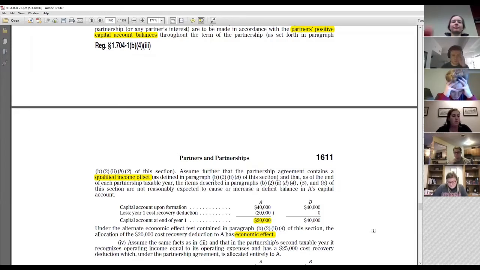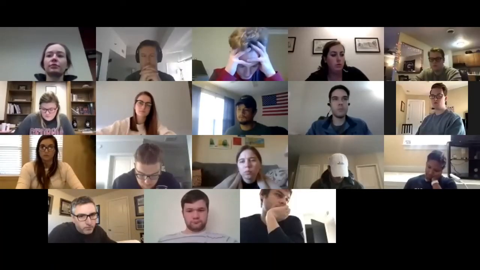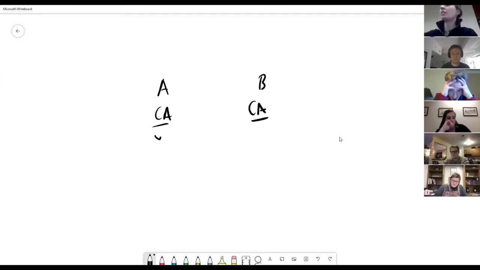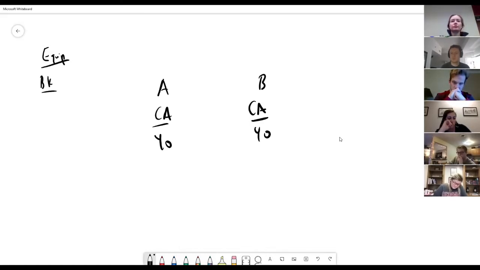So let me put a balance sheet up here. This is hypothetical. So here's our A, we've got B. These are capital accounts, and they each put in 40. They buy this equipment, and its book value is 80.